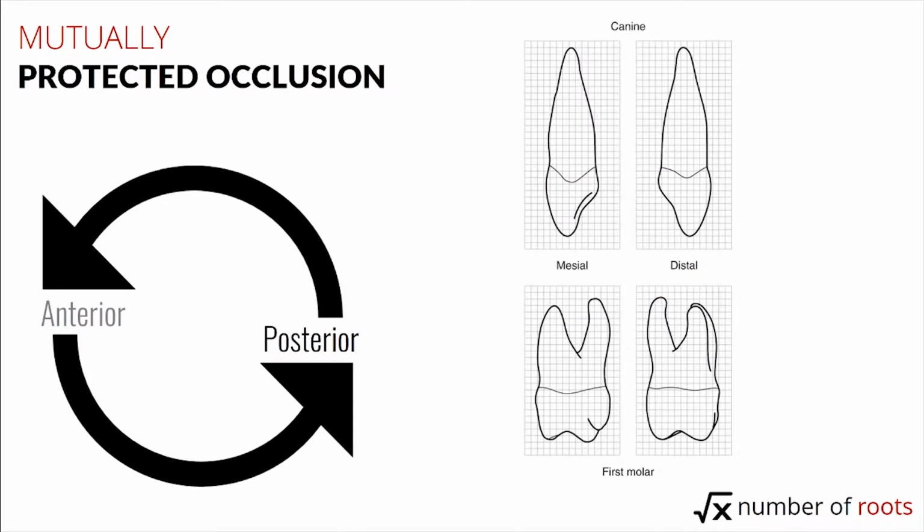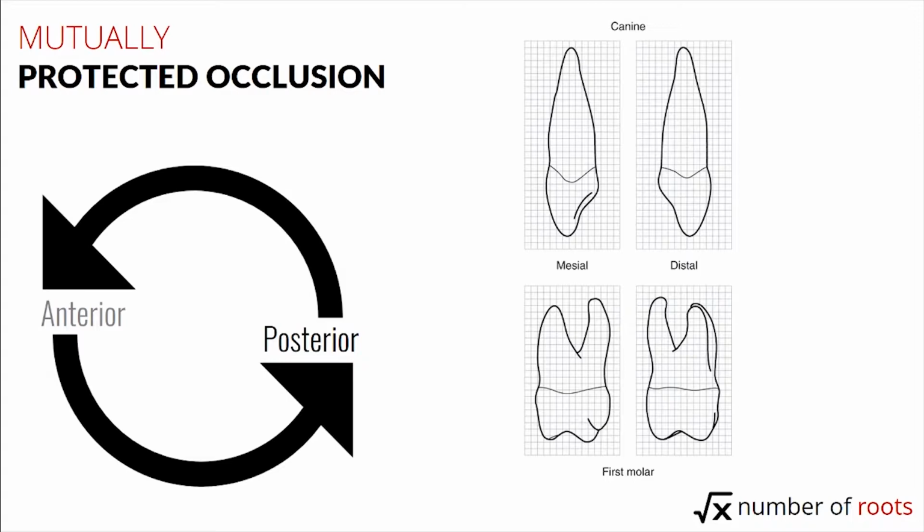So if you go back to your dental anatomy class, and I'll put up a picture here, you can clearly see that there's a difference between the number of roots between anterior and posterior teeth. So let's just take the first molar for example. A maxillary first molar has 3 roots to it, where anterior teeth only have 1.